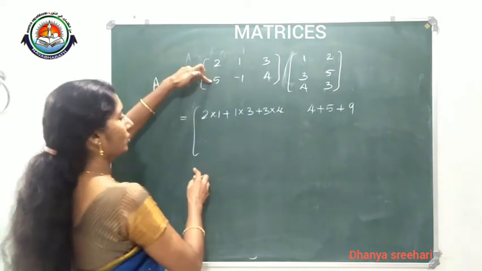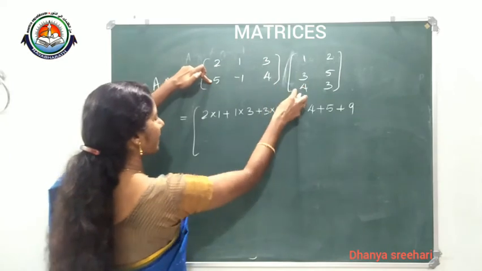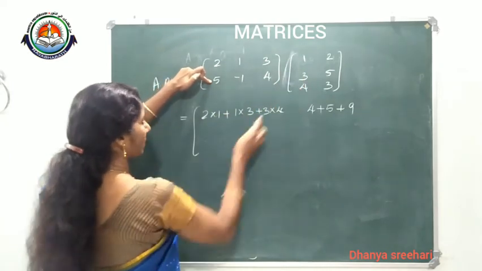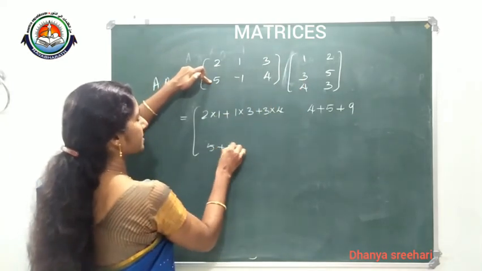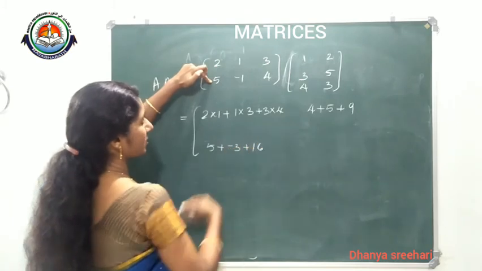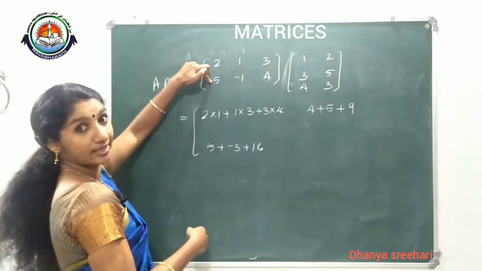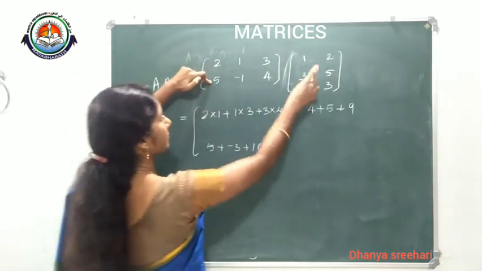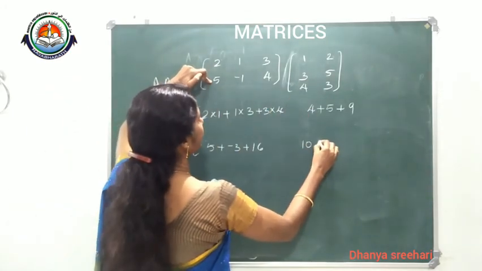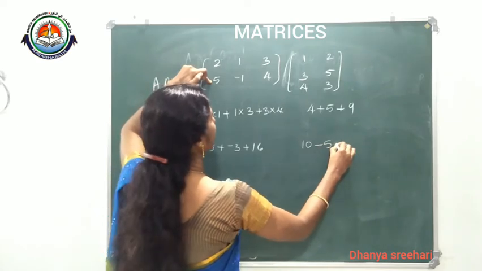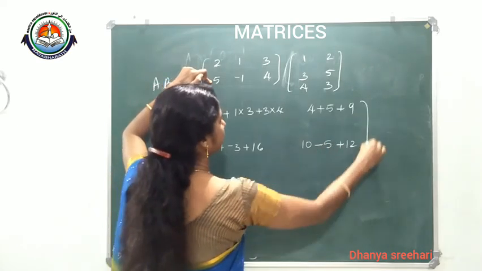Then for the second row's first element, we take the second row with the first column: 5 plus minus 3 plus 16. For the second row's second element: 5 twos are 10, plus minus 5, plus 12.